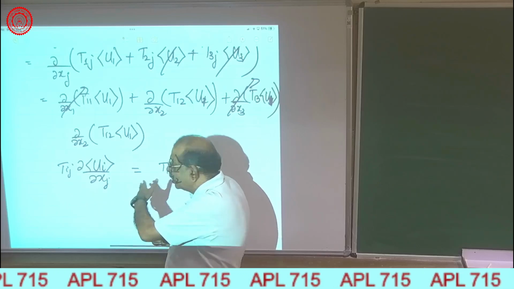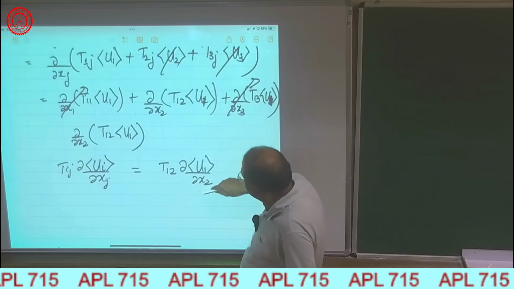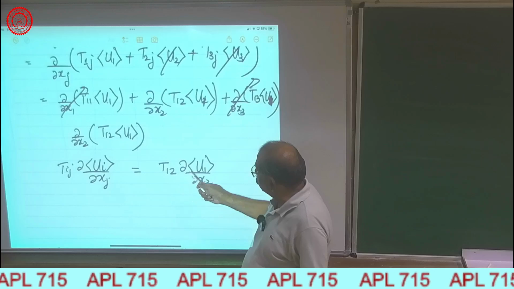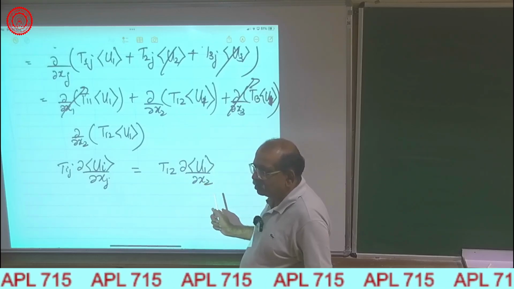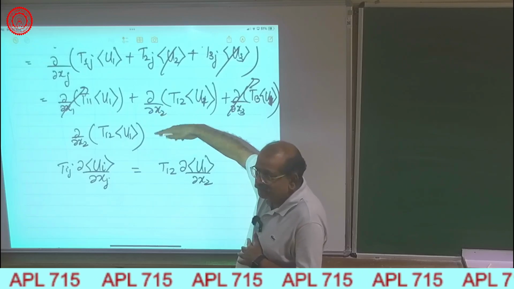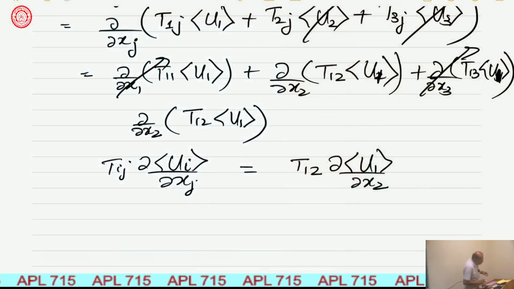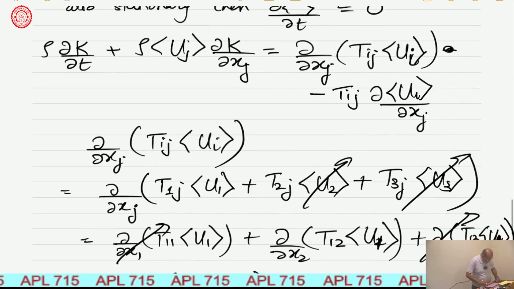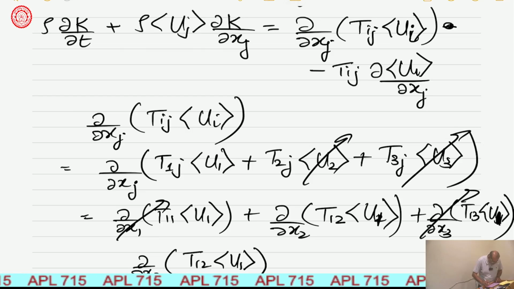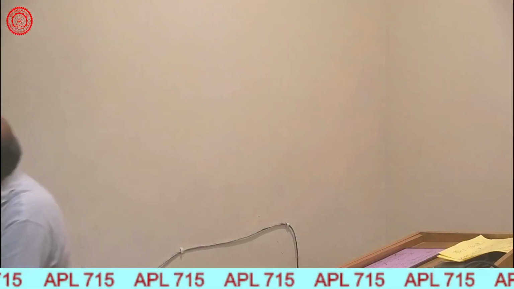In the general case, it may not be as simple as this. But here, because u1 is only a function of x2, you will get it in this form: T12 du1 by dx2. Actually, you are supposed to expand it like this and then check. So for the shear flow we put this in, and now this is our basic equation.